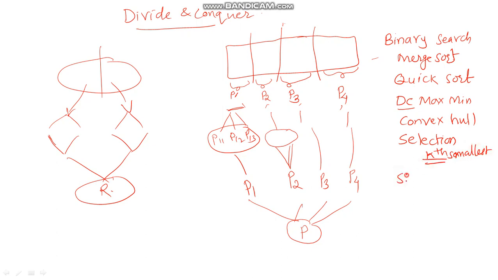Then we have Strassen's matrix multiplication, and many more. There are many of the problems which can be solved, and we have different algorithms for that. So let us move ahead, and let us try to know more about the merge sort. Let us move to the sorting technique merge sort.